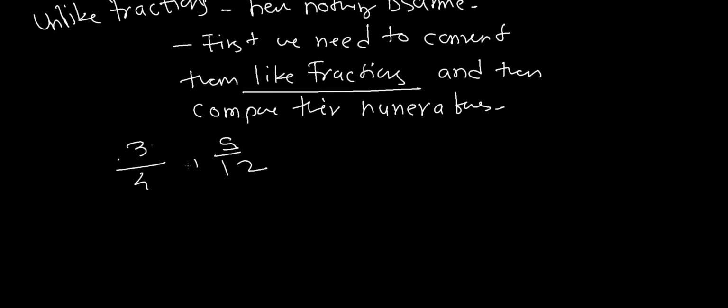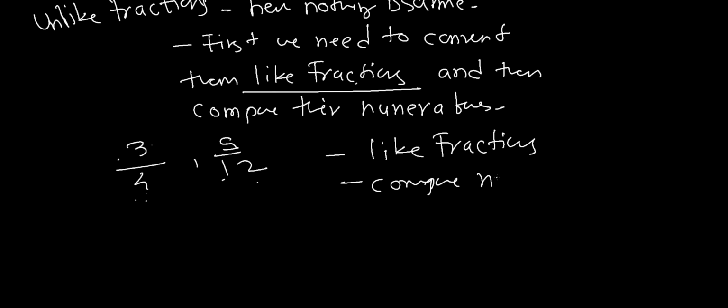So we will first make these into like fractions by making the denominators equal, and then compare their numerators. What are the steps? First convert to like fractions, then compare numerators.